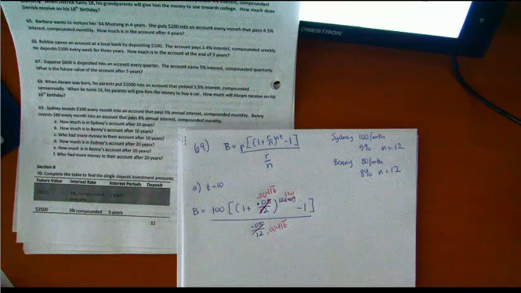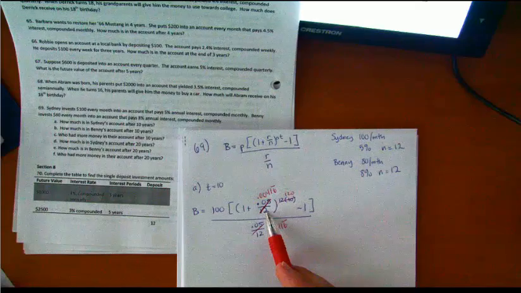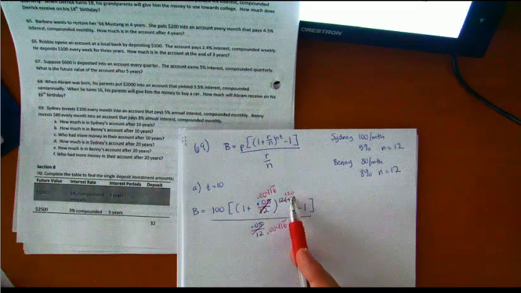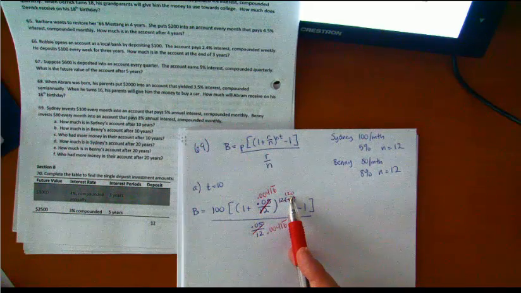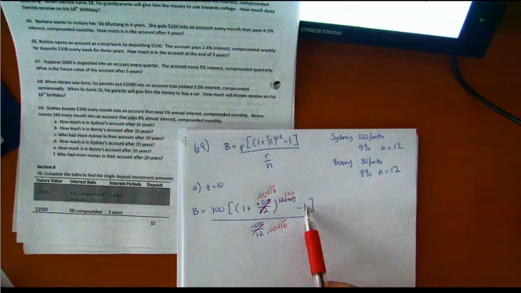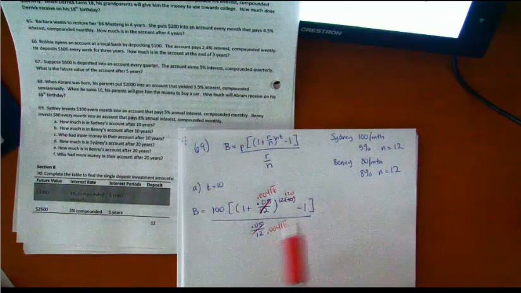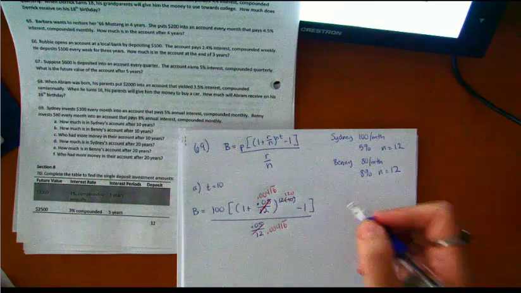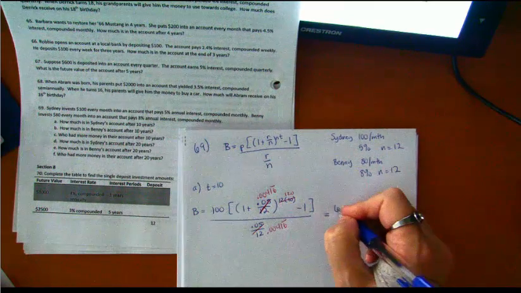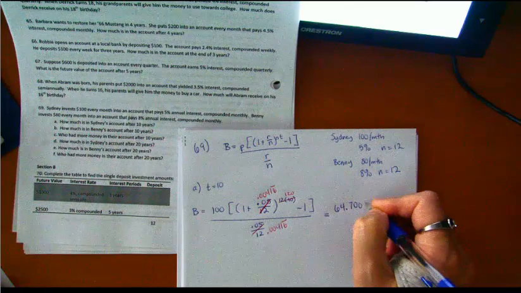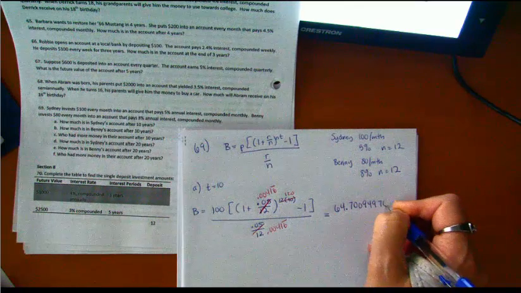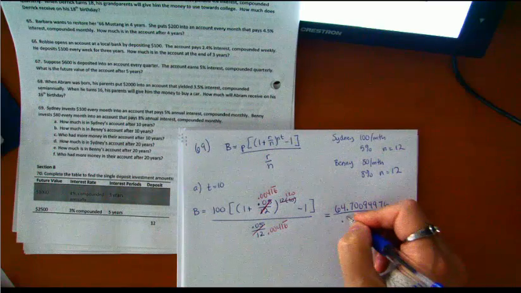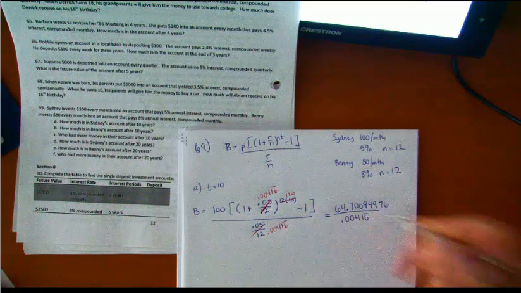So I'm going to add 1 to my division. I'm going to raise that to the power of 120. I'm going to subtract 1 from it, and then I'm going to multiply it by 100. And that gives me a new numerator and I'm dividing that by that 0.00416 repeating.